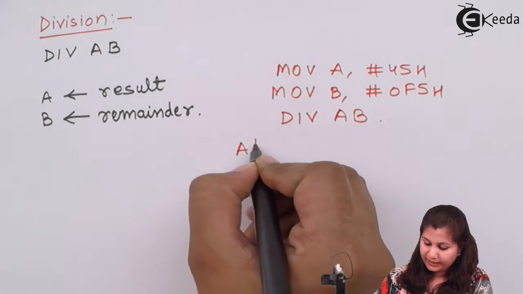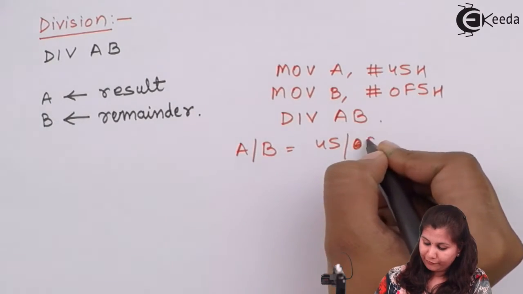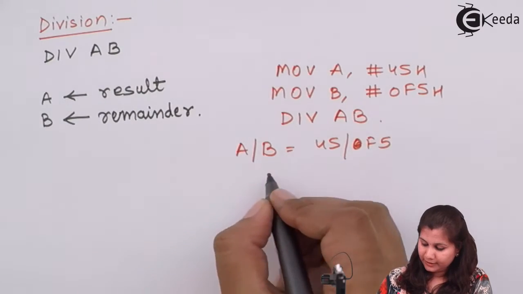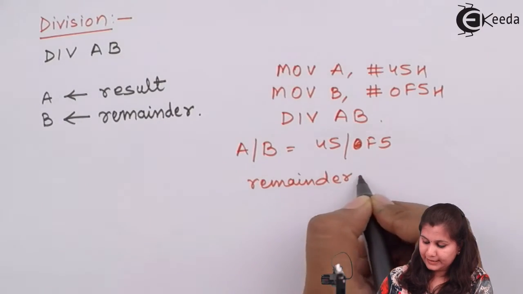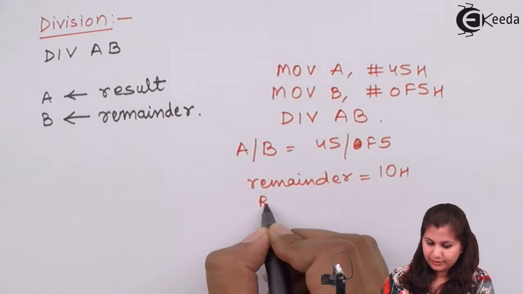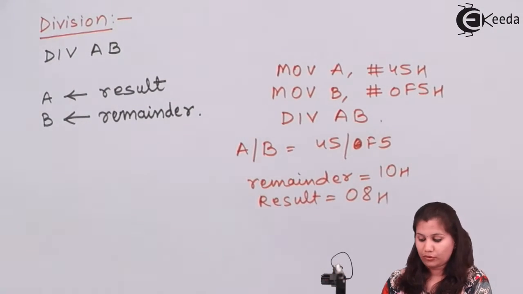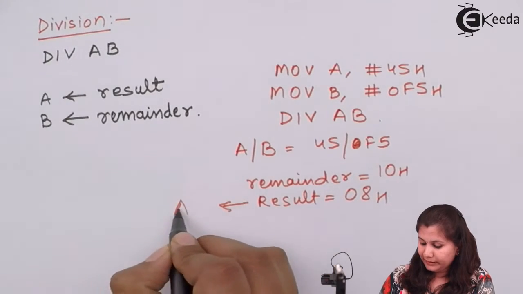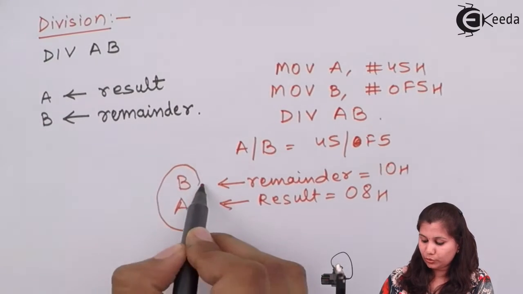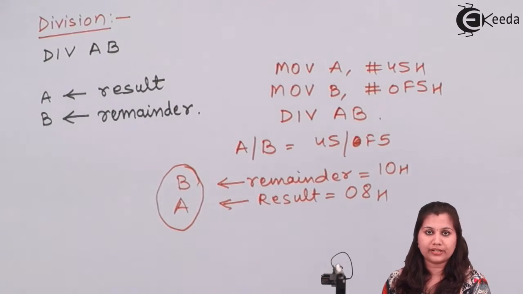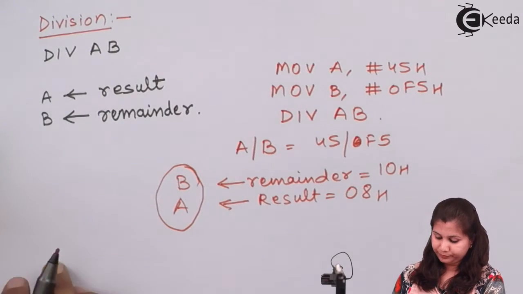When A is divided by B, that means 45 is divided by F5, we get the remainder as 10H and the result as 08H. The result will be in the accumulator and the remainder will be in B. So collectively we get the total result in the A and B registers. This is how the division instruction is executed.